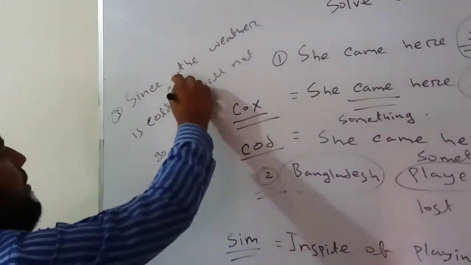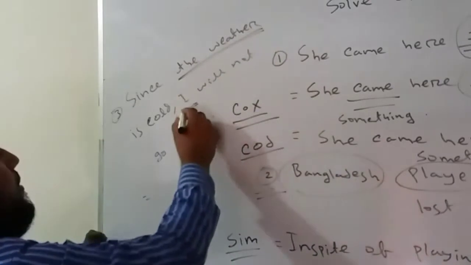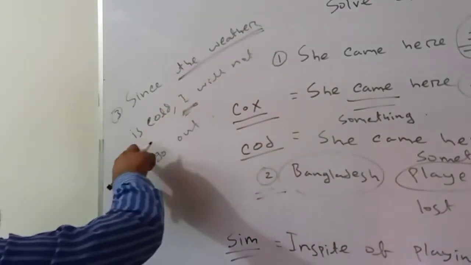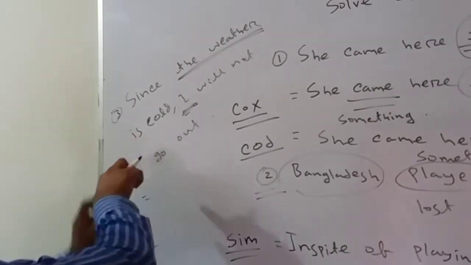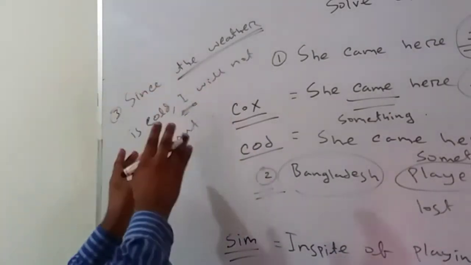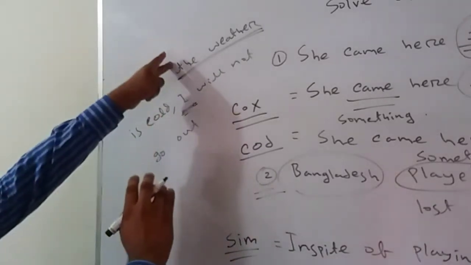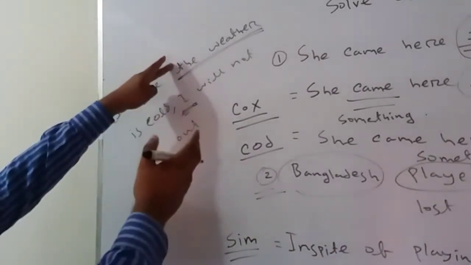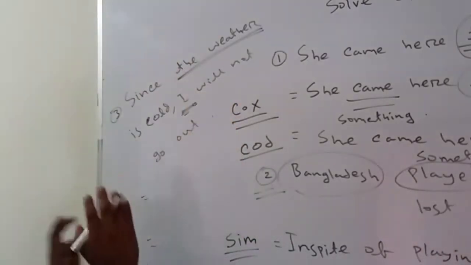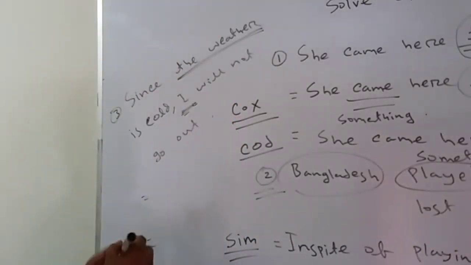The subject here is I, their subject is the weather. If both subjects are the same, then you will have to start only with verb plus ing. If the subject is not the same, then you will have to start from the subject. Or you can write in another format. Later I will tell you. The first format I will tell.